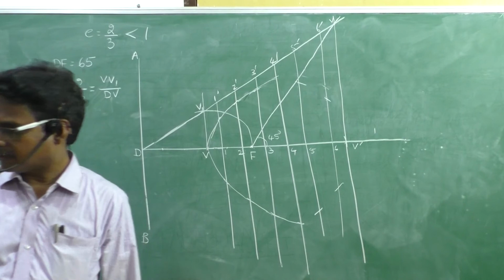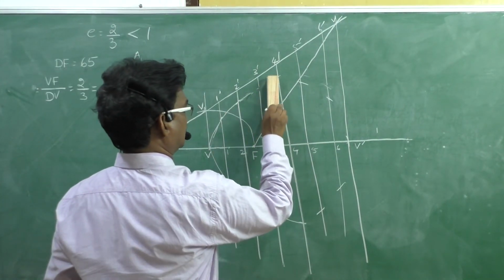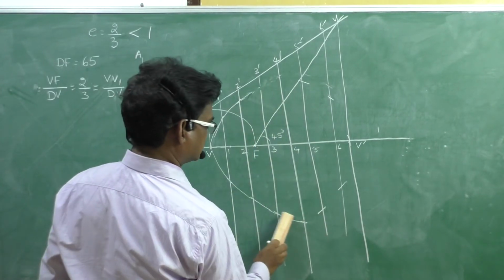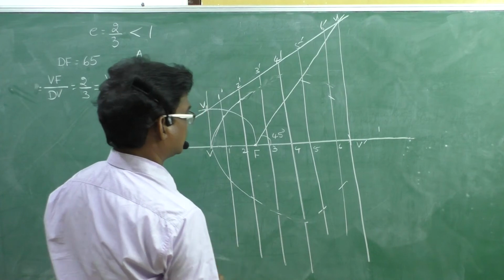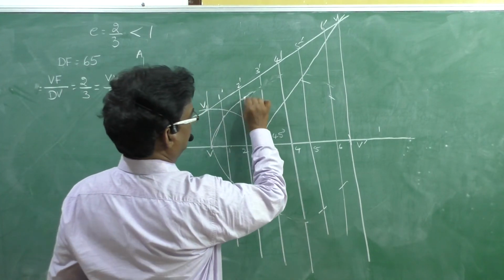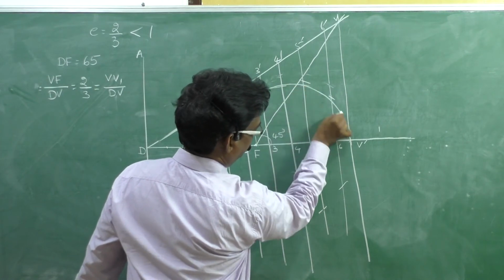Now we can draw a smooth curve through all these points. I have not drawn with the exact scaling. That curve is slightly deviated. That is the reason. Just I want to readjust. And the smooth curve will be like this.